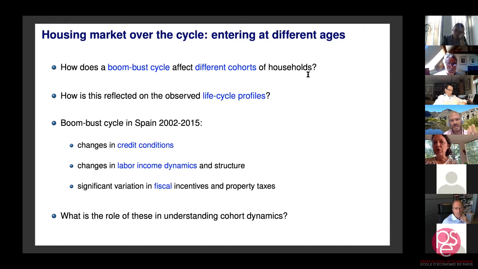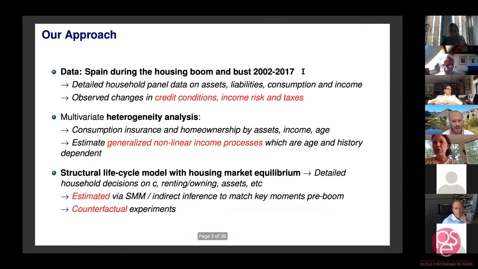So what we're going to try to do here is understand the role of these three observed changes in the cohort dynamics. We have observed some very particular cohort dynamics in the data, and we're going to try to use a model in order to understand them.